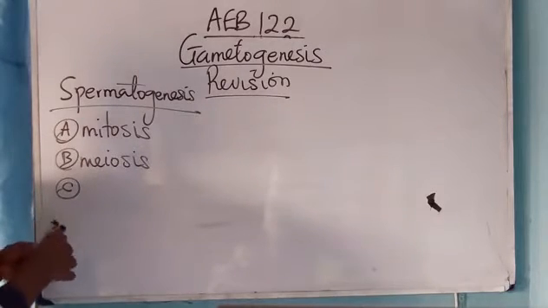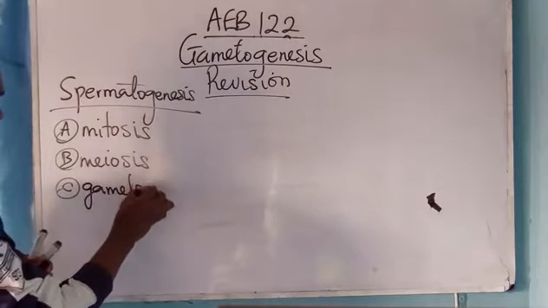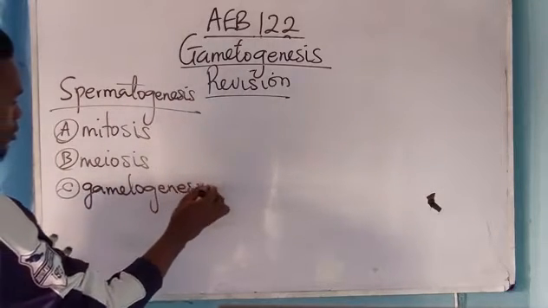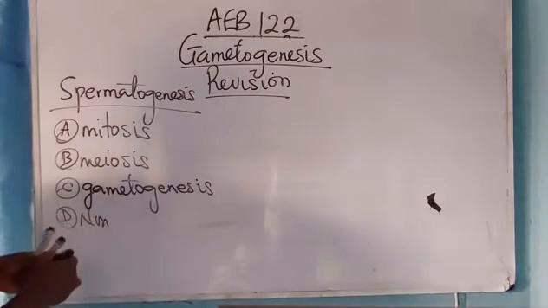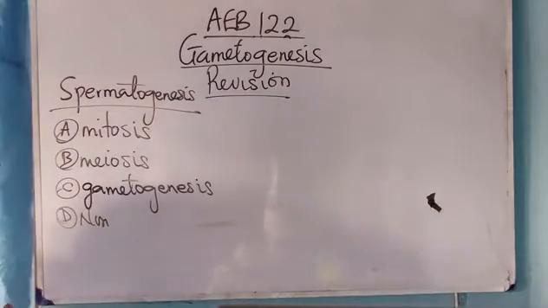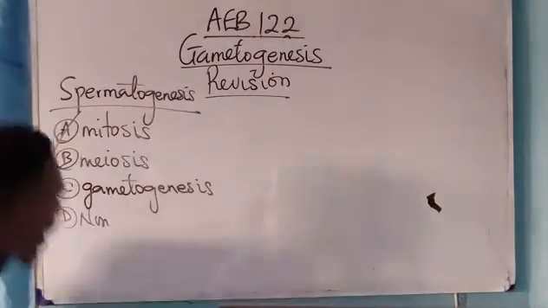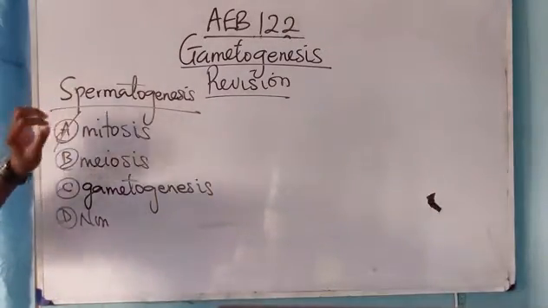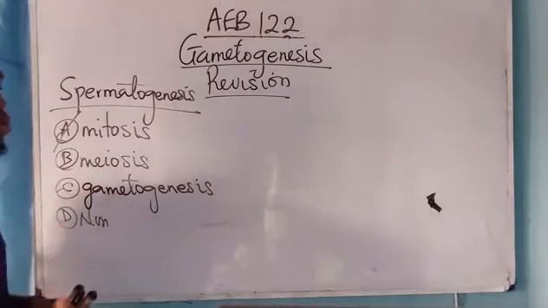C. Gametogenesis. D. None of the above. Please, the primordial germ cell undergoes what? A mitotic division. Now, as soon as it undergoes mitosis, it forms spermatogonia.